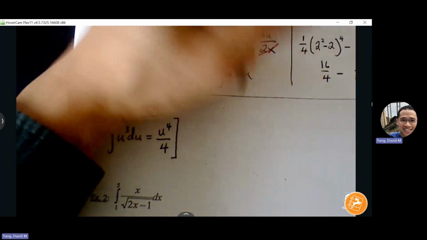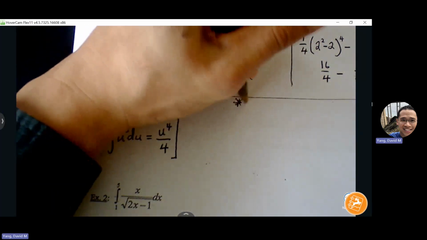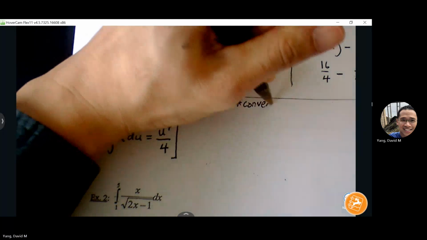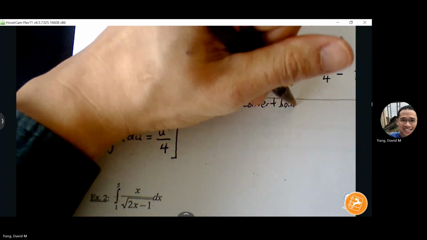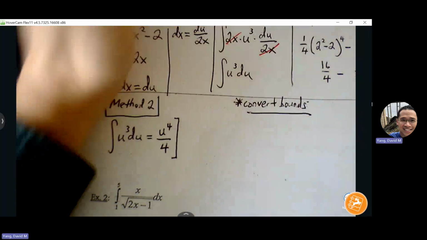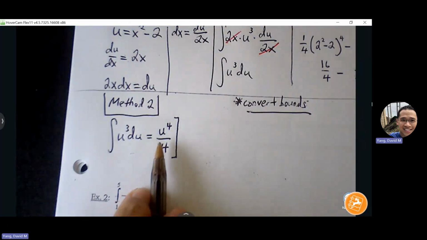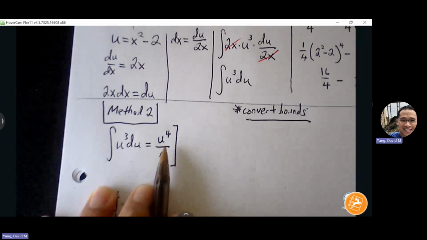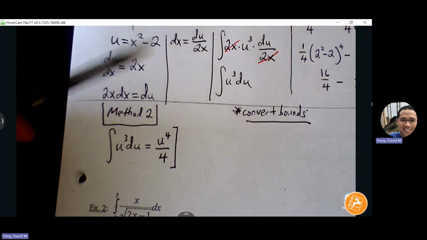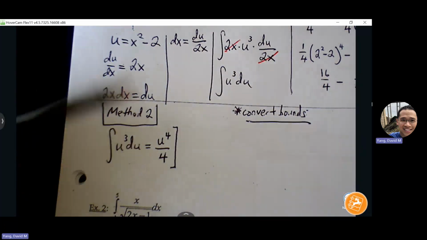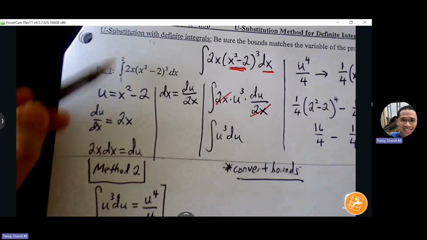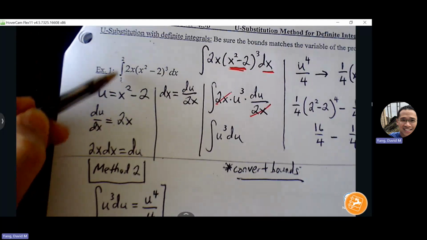We have to convert the bounds in order for them to be usable. So instead of taking this to the x variable, we want to move the bounds in terms of the u variable. So our two bounds in terms of x are 1 and 2.